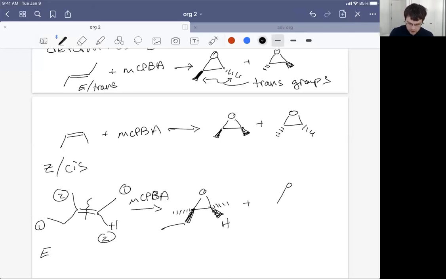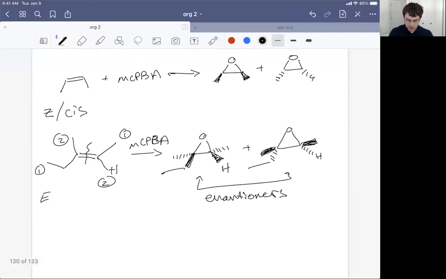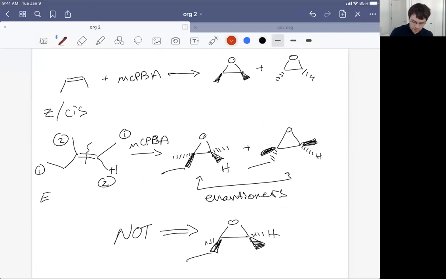And we could get either enantiomer of that, so we could flip everything. Either enantiomer is formed, but not the diastereomers, not where we mix and match, where we've got the ethyl group on the same side as the methyl group on the opposite carbon, and then the hydrogen on the opposite side. So not this. Plus one where we flip all the wedges and dashes of that structure.